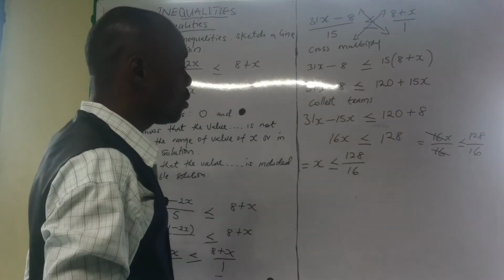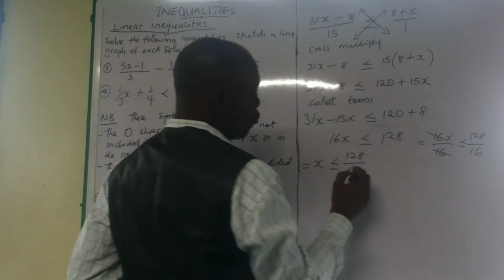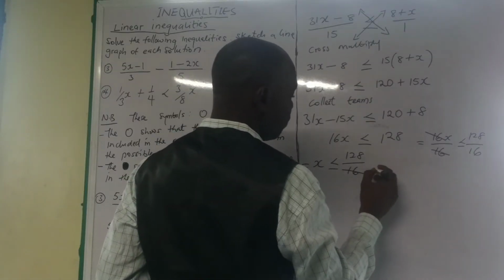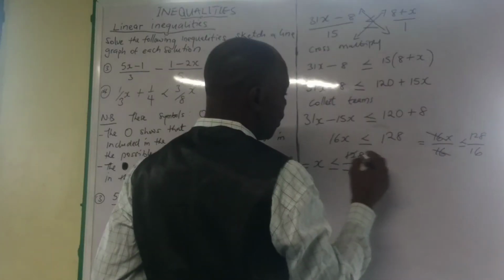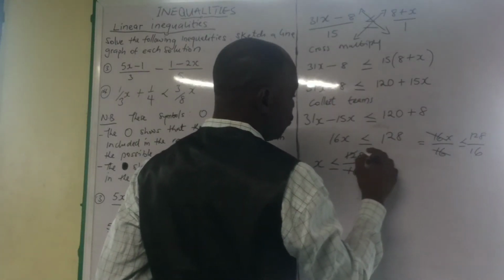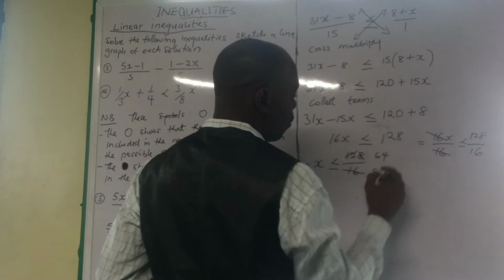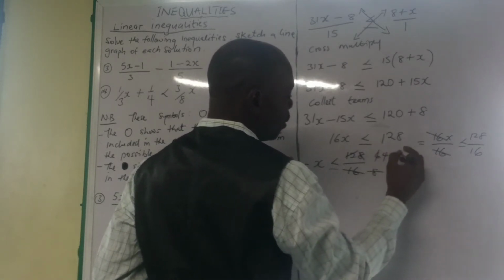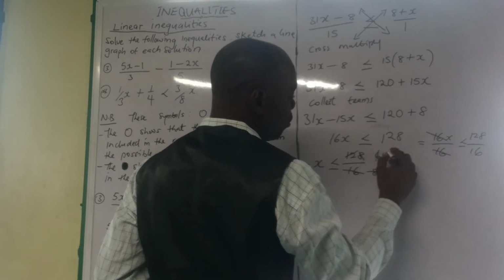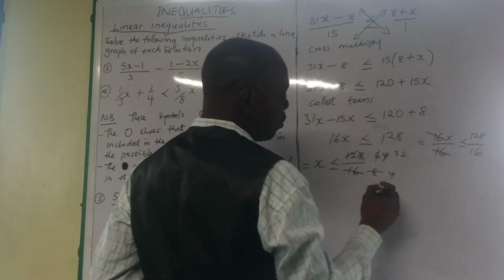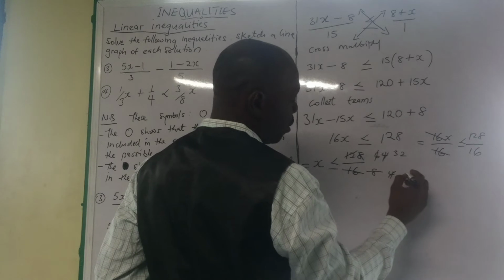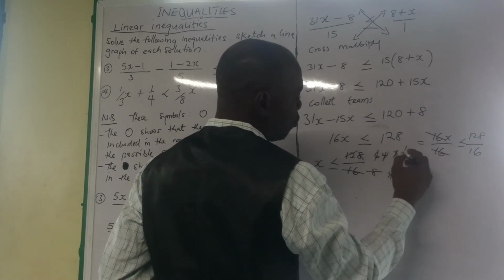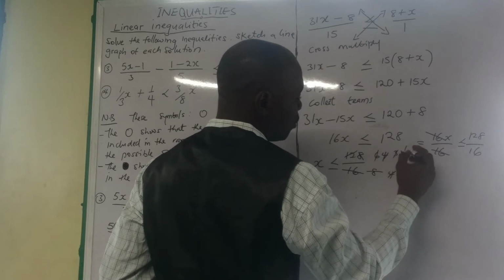So let's do it small. 2 in 16 is 8. 2 in 12, 6. 2 in 8, 4. 2 can still go again: 2 in 4, 2 in 32, 16. Then 2 in 12, we have 6.